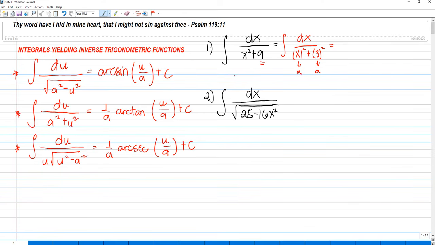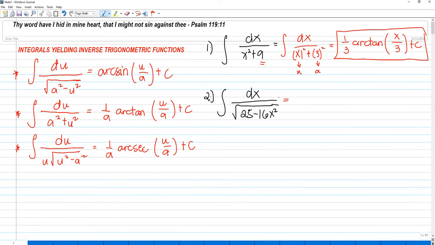So we have a squared plus u squared, and our formula would be 1 over a, which is 1 over 3, then arctan of u over a. The value of our u is x, all over the a, which is 3, plus c. So this would be our simple answer for number 1.